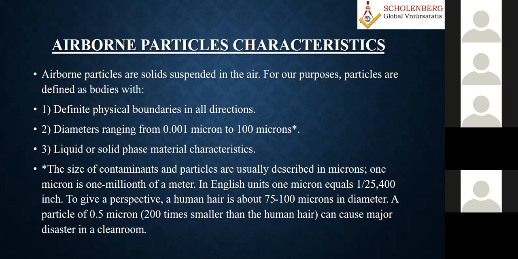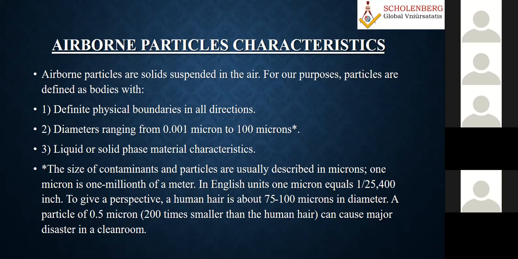So what are the characteristics of airborne particles? Airborne particles are solids suspended in the air. For our purpose, particles are defined as bodies, because any solid particle has physical boundaries, and the size ranges from this many microns to this many microns. It can be liquid or solid particle material.